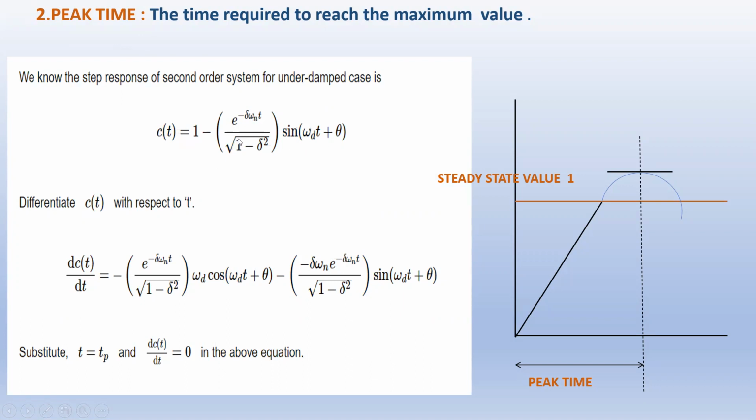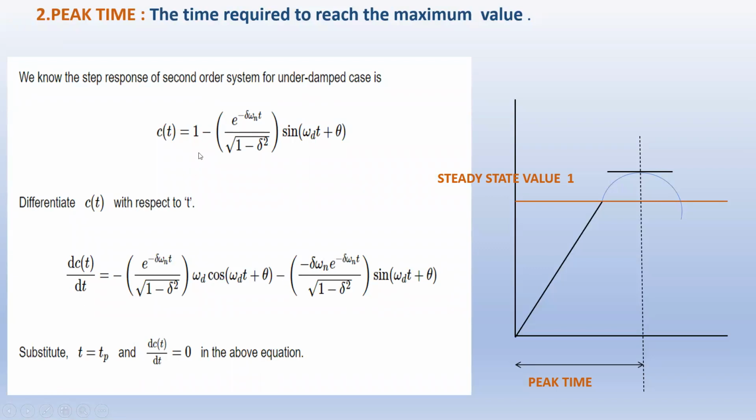This is the differentiation of uv, which is u v dash plus u dash v. First, if we differentiate sin of omega d t plus theta with respect to time, we have cos of omega d t plus theta, and differentiating the inner term omega d t gives omega d.